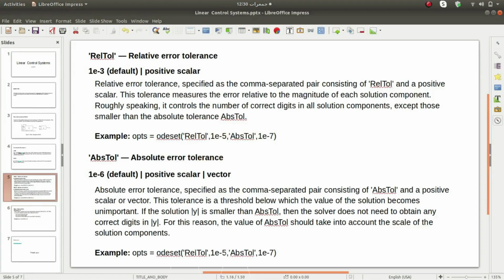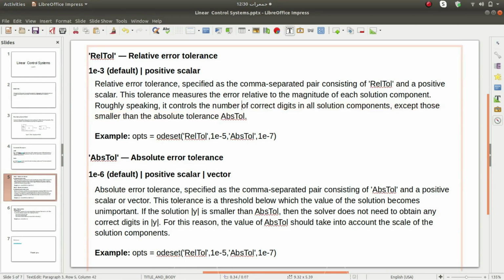Relative tolerance controls the number of correct digits in all solution components except those smaller than the absolute tolerance. So it will consider all the values correct which are not smaller than the absolute level. By default it is 1e-3, but we can also change this value just to avoid unnecessary or very small answers in our solution.